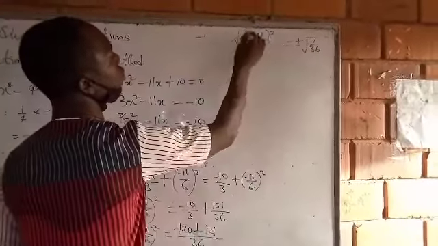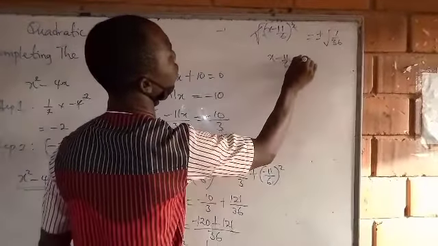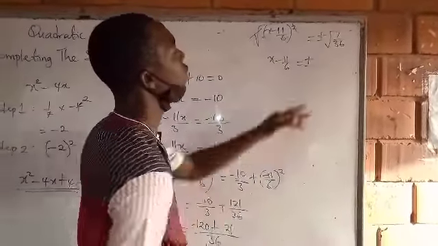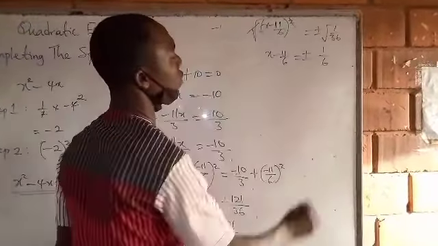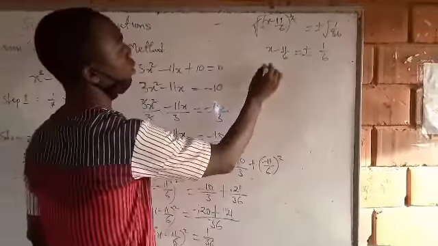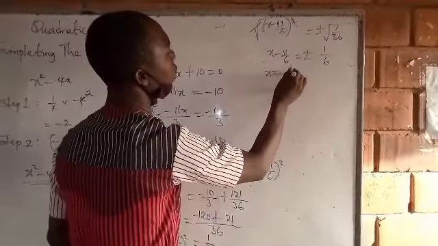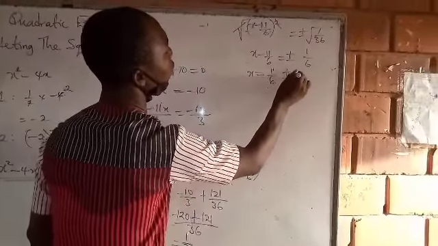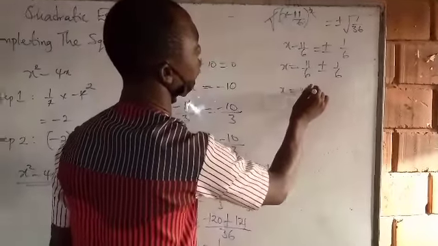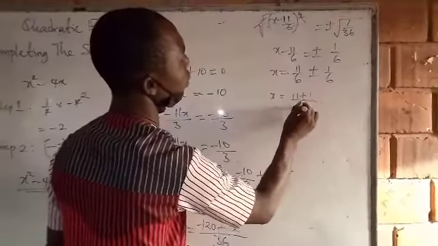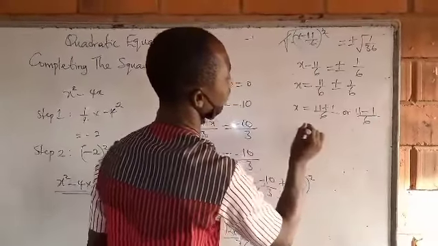So this square root will cancel this square. We have x minus 11 over 6 equals plus or minus, the square root of 1 is 1 and the square root of 36 is 6. So we have x equals, this will cross to the right hand side, 11 over 6 plus or minus 1 over 6. So our x equals 11 plus 1 over 6 or 11 minus 1 over 6.